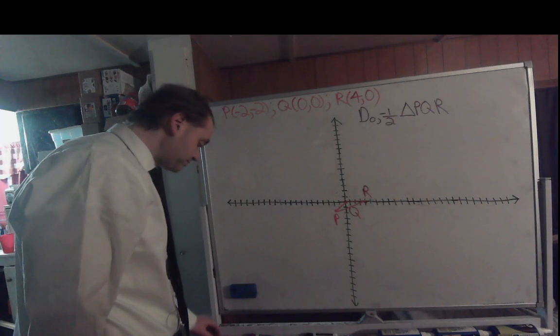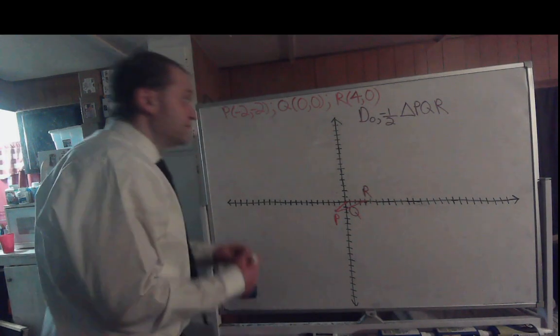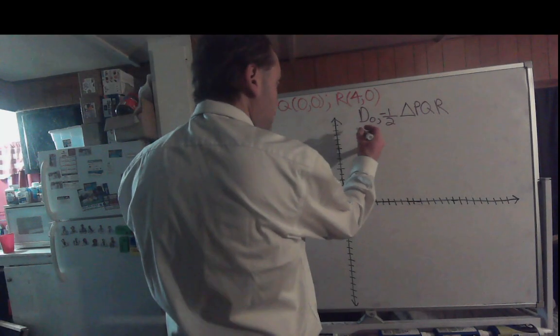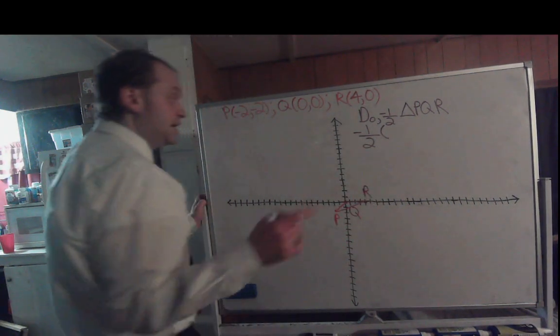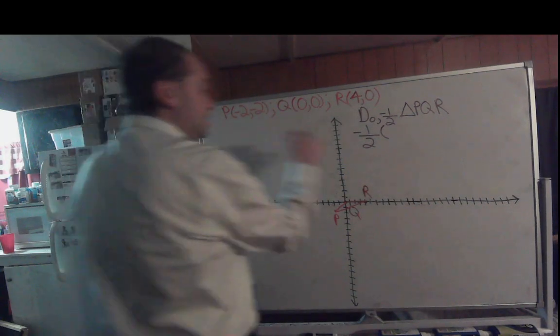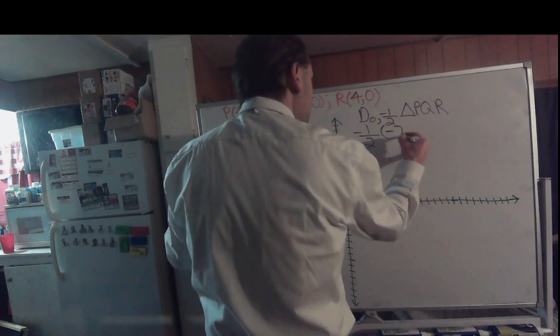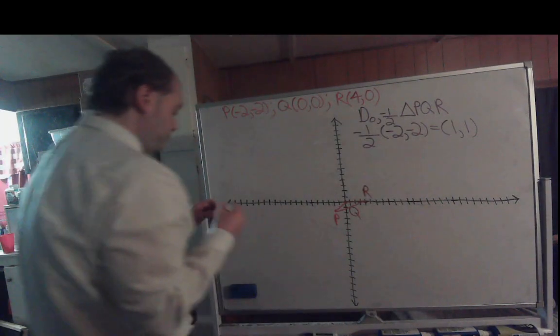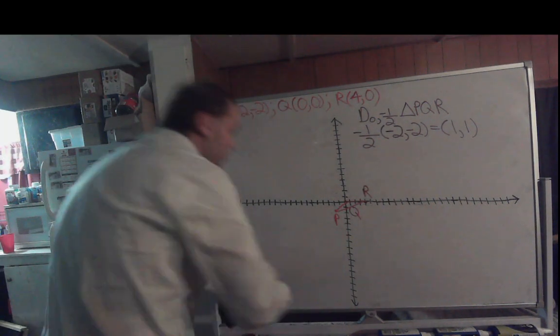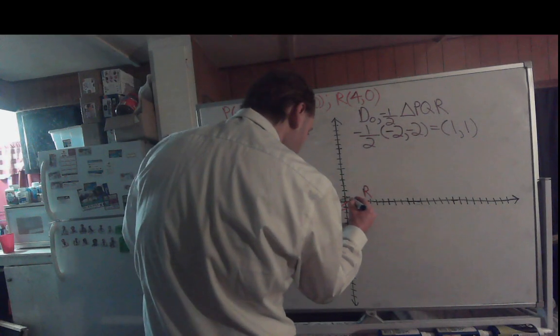So let's go ahead and find the coordinates of P prime, Q prime, and R prime. So take that scale factor of -1/2 times the coordinates of P, which would be -2, -2. Well, P prime would be located at 1, 1. So we just located P prime at 1, 1.